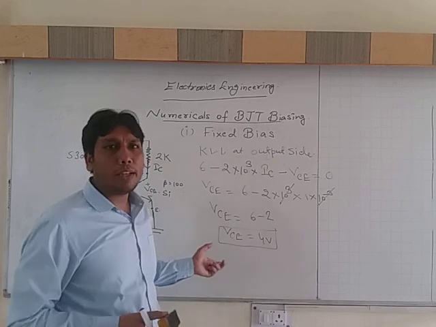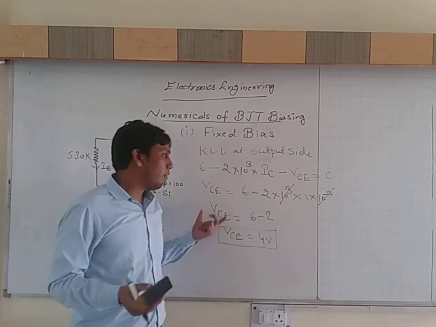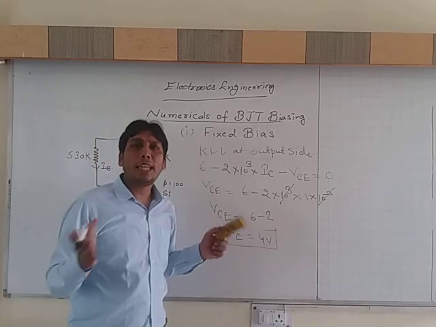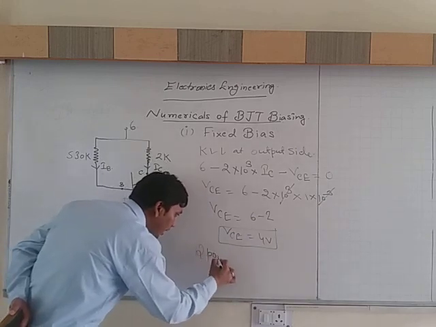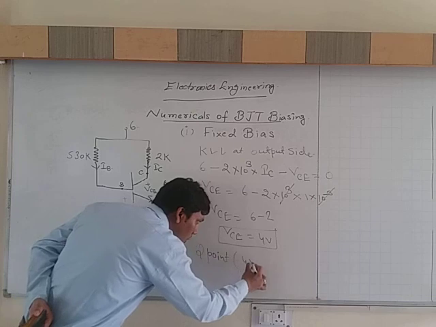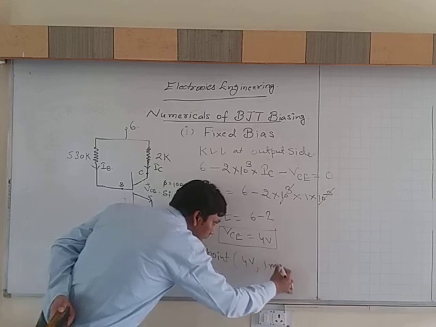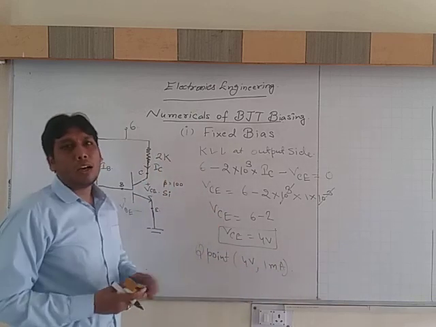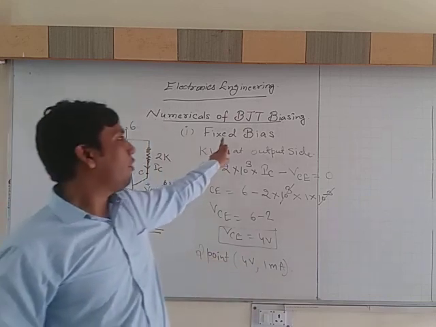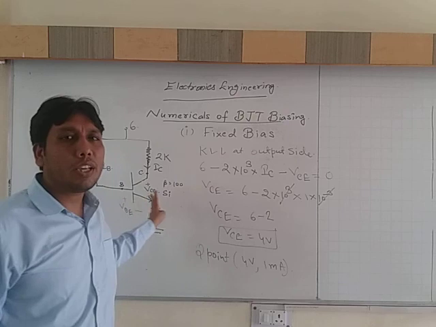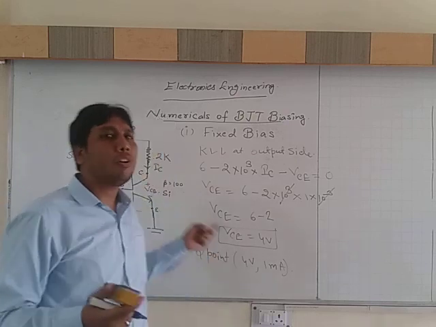And we have determined the value of VCE. With the help of IC and VCE, we can put the value of Q point as 4 volt, 1 milliampere. So this is the Q point for the circuit of fixed bias. In this way, we can determine the Q point of any circuit.